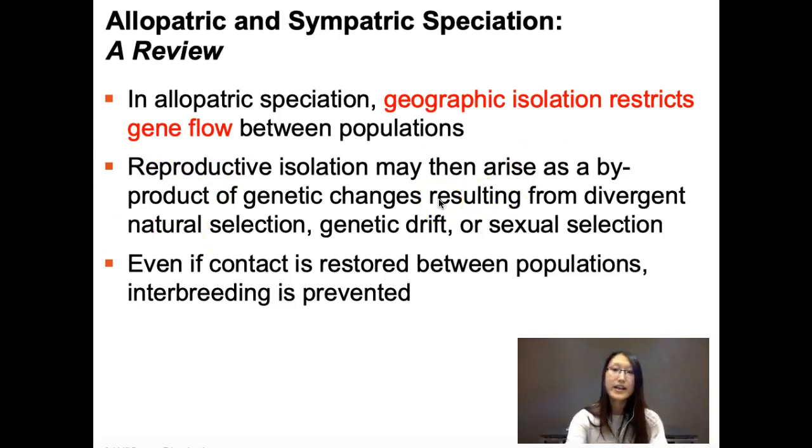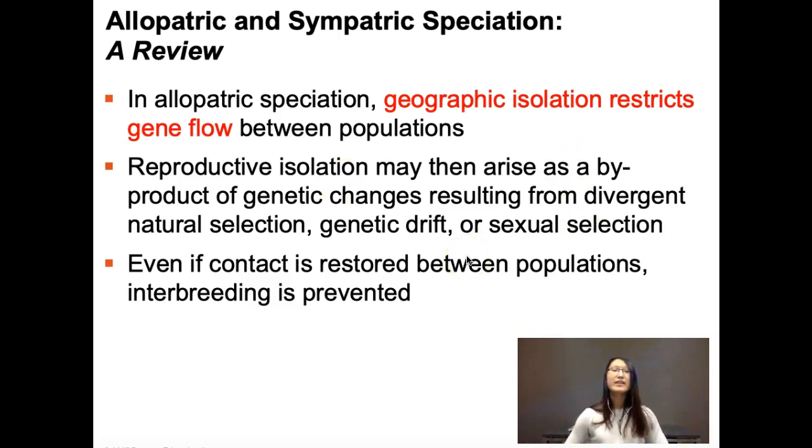It's not necessary, resulting from natural selection, genetic drift, or sexual selection. Actually, sexual selection could happen in allopatric speciation as well, right? But of course, there should be mutation added on to this as well. Mutation is the origin of all of these possibilities.